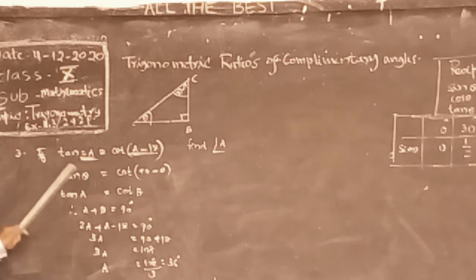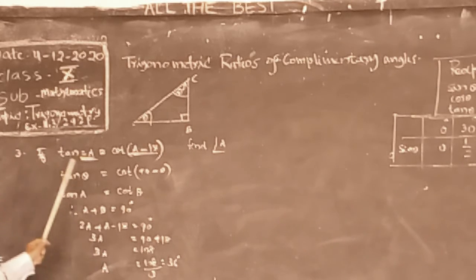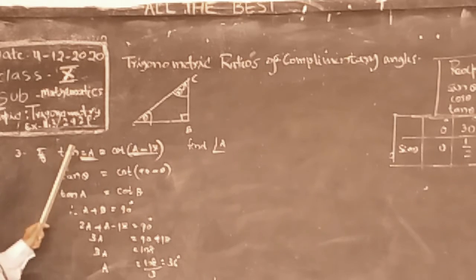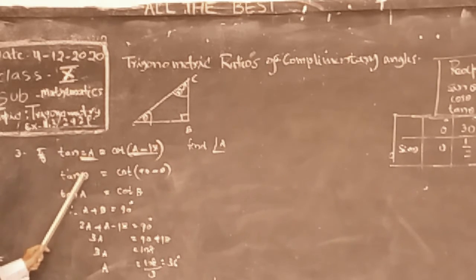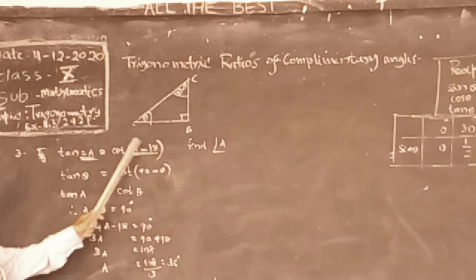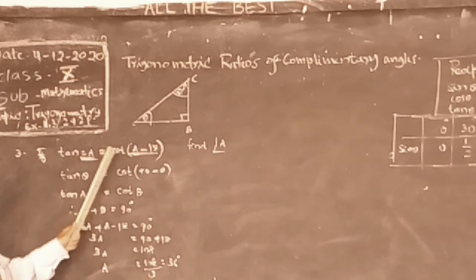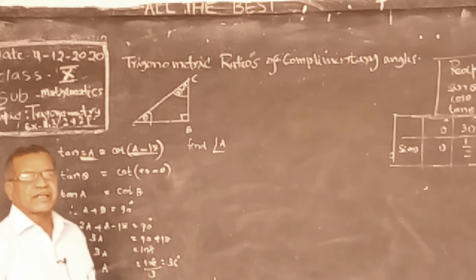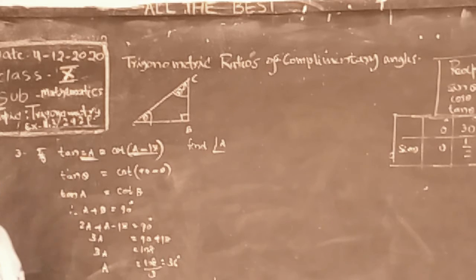It is applicable if they are complementary angles, because it is possible when tan theta is equal to cot 90 minus theta. Here, in place of theta, 2a, and in 90 minus theta, there is a minus 18. Then the sum of the complementary angles is 90, and angle A plus angle B is equal to 90.